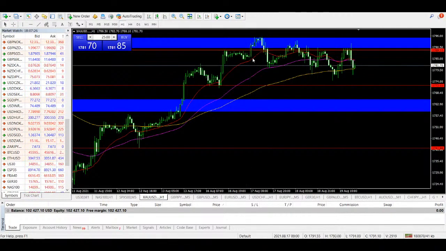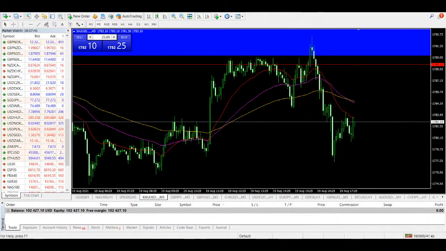Maybe. It's in this bricky range, so it's entirely possible to go back up there. It's entirely possible to touch this bottom part of the range and bounce up. I don't like the price action on gold right now. It's not of any interest to me. But yeah, it's highly likely that you will hit 1788, I think.